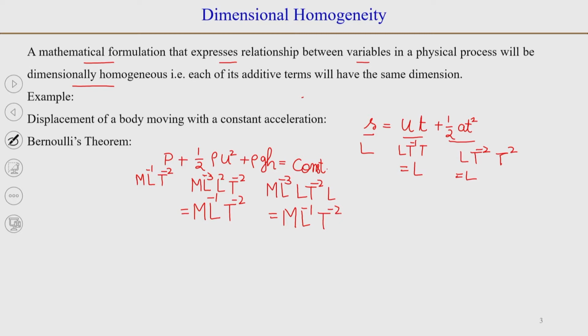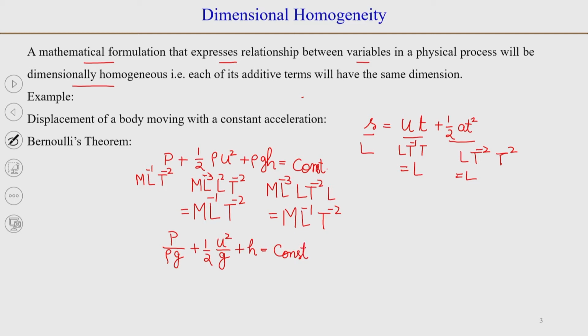You might have seen this equation in other forms also. Say this is written in terms of head: P over rho g plus half u square over g plus h is constant.